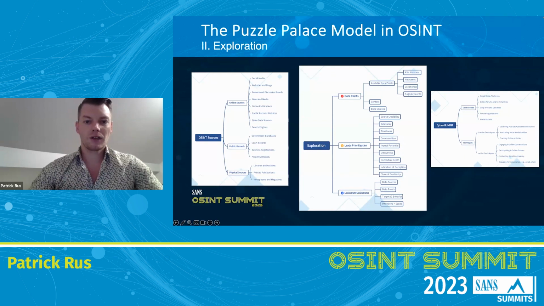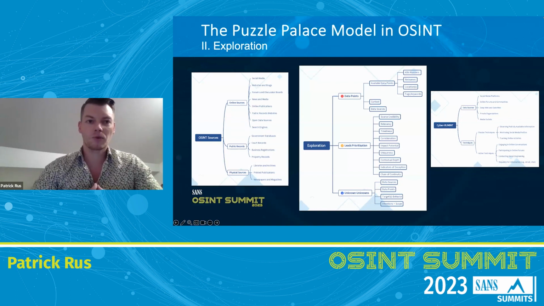Then the second area is leads prioritization, how to prioritize leads based on source credibility, relevancy, impact potential, corroboration. For example, if the information can be found in additional sources or in other sources.